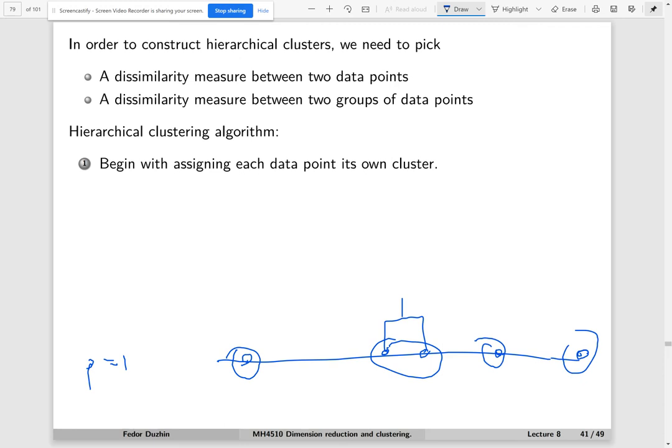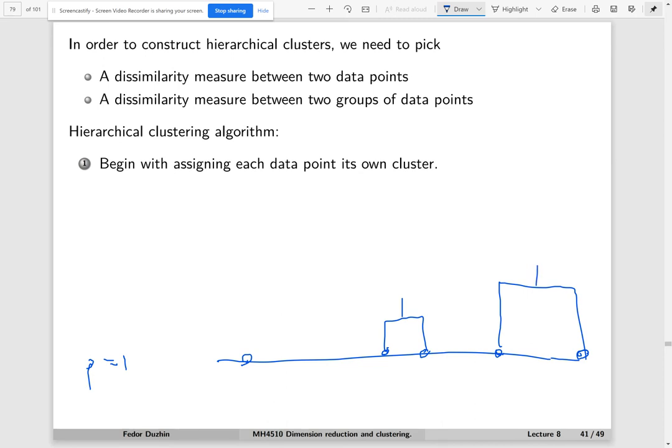Then I compute dissimilarity between all these clusters, and the 2 clusters with the smallest dissimilarity I merge into 1 cluster. For the sake of the example, let's say that these 2 are merged.